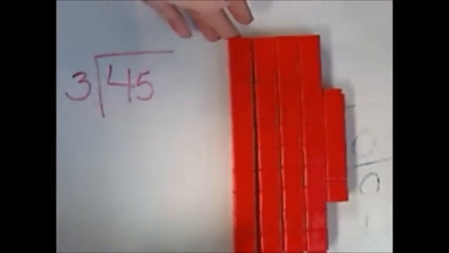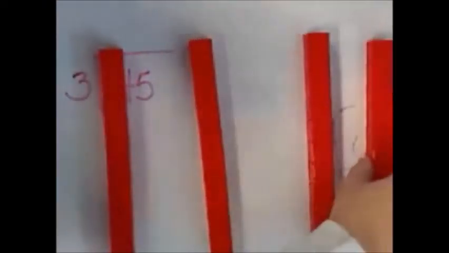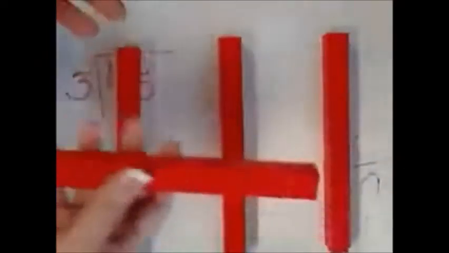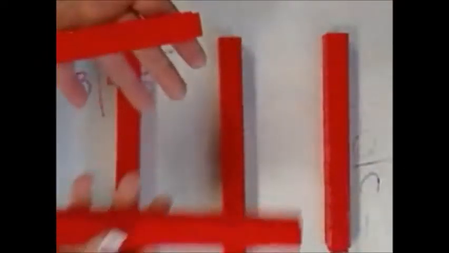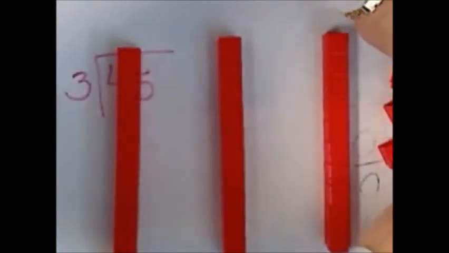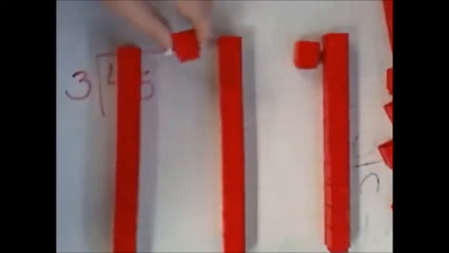Well, with my groups of 10, I can make 1 group, 2 groups, and then 3 groups, right? I have 3 groups of 10, and I have this 10 left over plus the 5. So I don't have enough room to put them all in there, so I have to break them up. And I'm going to break them all up. It's kind of hard to see, but I'm going to put now 1 in each group.